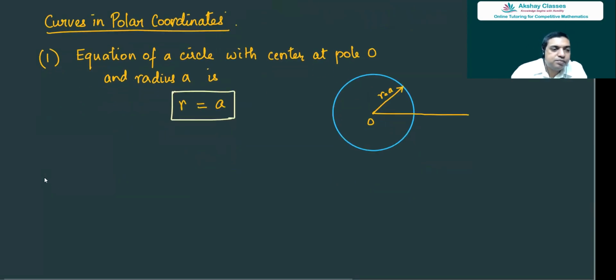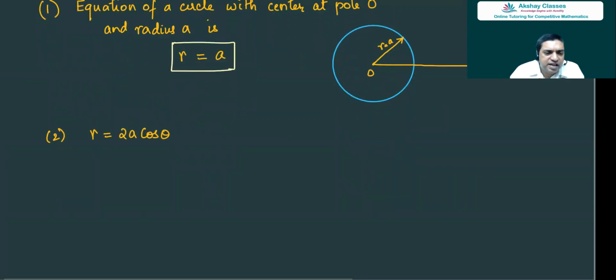Now, second one, these are some important curves in polar coordinates. R is equal to 2a cos theta. What will this give? When theta equal to 0, we get R is equal to 2a.